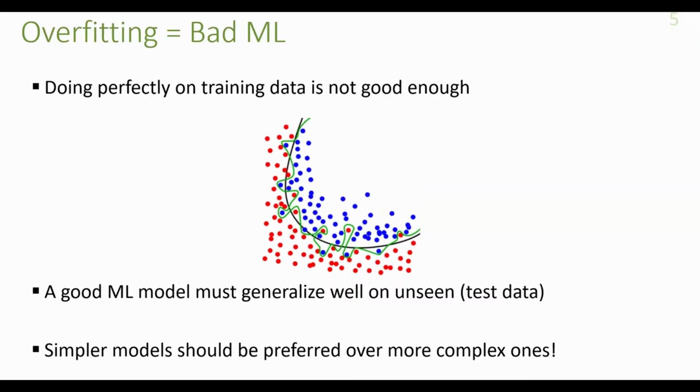Black. Okay. If you choose the green model, can you tell me the accuracy of the green model over this training data? 100%. Yes, training accuracy is in fact 100%. You are getting 100% accuracy. If you use the green model, you can classify each and every training point, right?